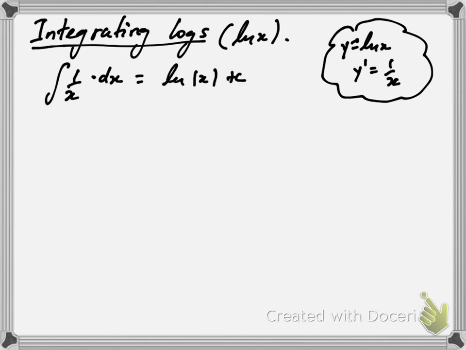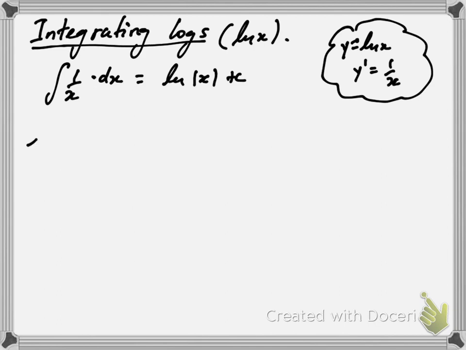Keep in mind that I have put x in absolute value, or the modulus of x, simply because it has to be positive, or else it won't work. So any time you have an ln function after integration, it has to have an absolute value sign. So if you are integrating 1 over x, that's what you get.